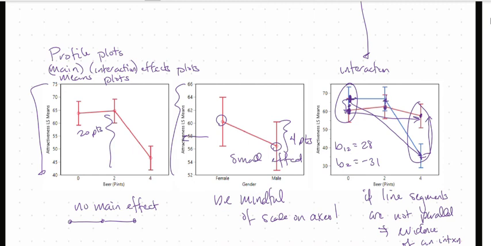So we're getting the same information that we saw before, that negative 31. This B2 is saying how different this mean is from that mean. So it's using 0 as a reference group and saying how big the change is. So we're getting the same information that we had when we looked at our profile plots before. We're getting the same information that we had when we looked at our effects test, but it's breaking it down into the individual pieces.